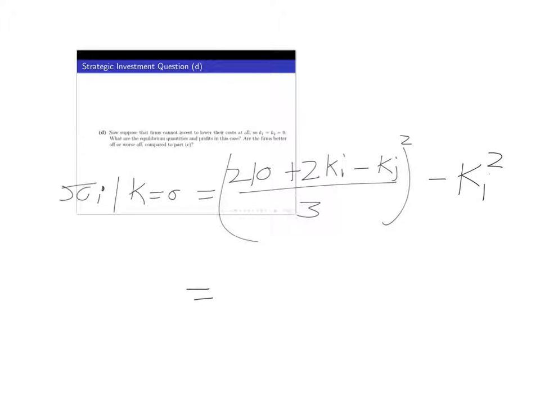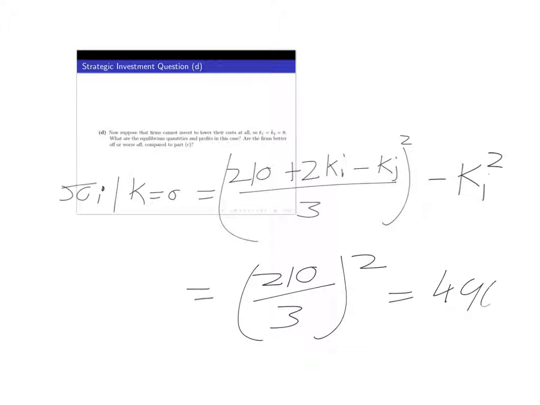We know that nobody's investing, so we just sub 0 in everywhere we see a k. And all that reduces to (210 / 3) squared, which is equal to 4,900. The profit before, when they do invest, when k was equal to 60, was 4,500. So clearly they're better off without investment.